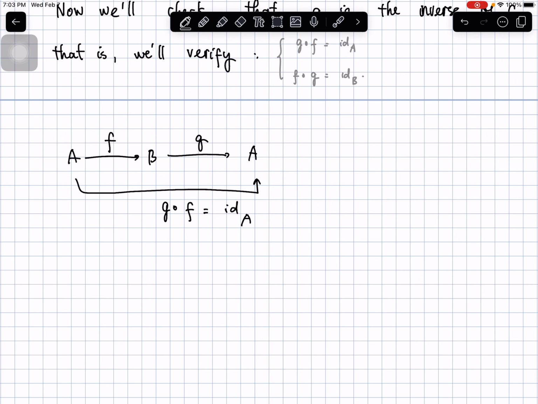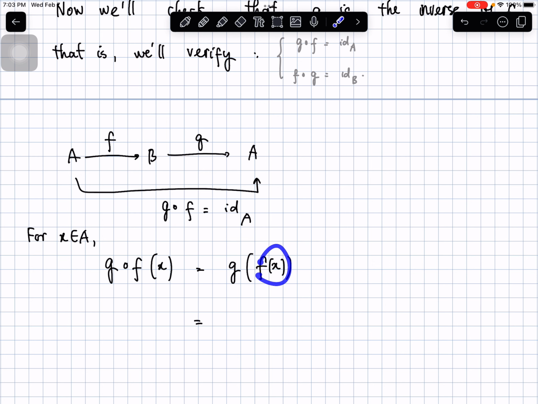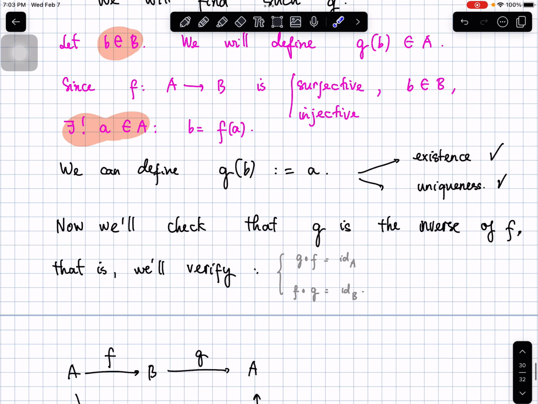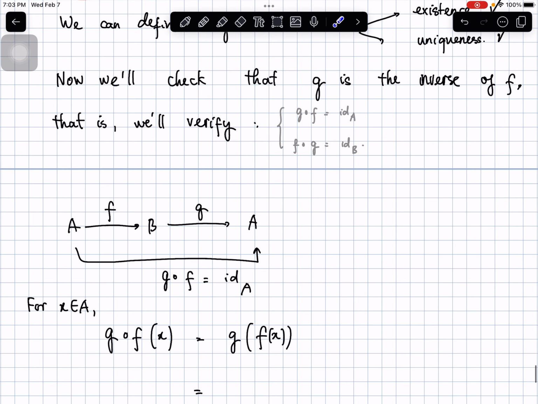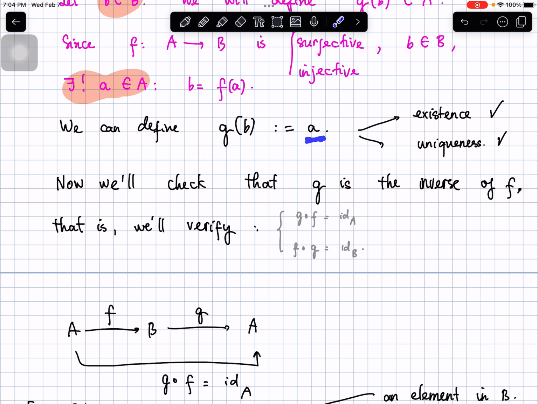So we have g dot f of x for x in A. g dot f of x is given as g of f of x by definition of composition. g of f of x is an element in B. g of an element in B is defined as some small a such that f of a is equal to b.